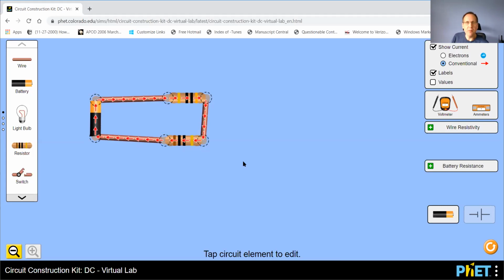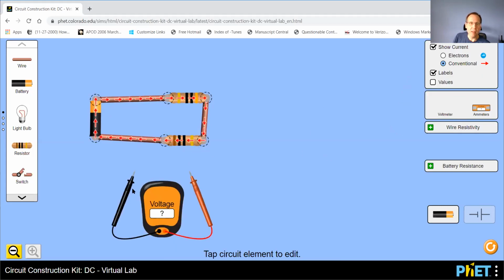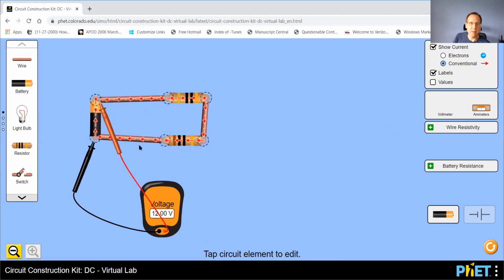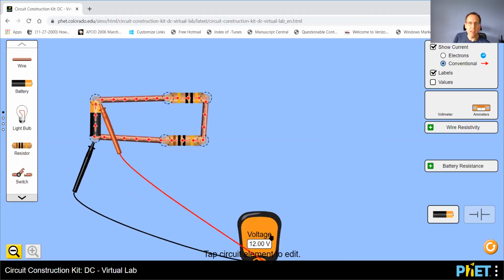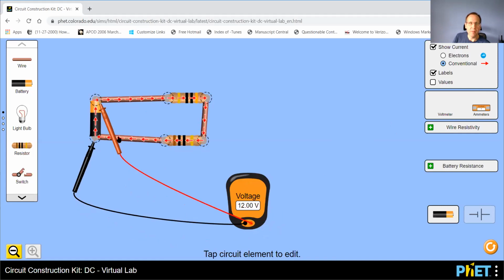And then you want R1 to be 10 ohms and the other one to be 20 ohms, right? So then to measure the voltage, remember, one of them was AD across the battery. So you go the voltmeter, this would be the negative side, this would be the positive side. Then you wanted to measure the voltage across AB, across the first resistor.